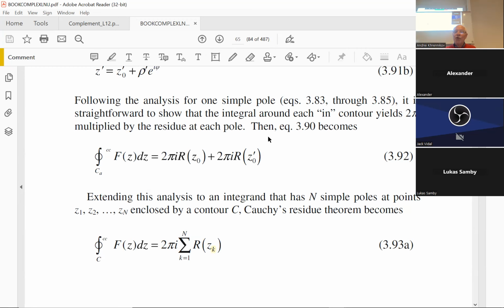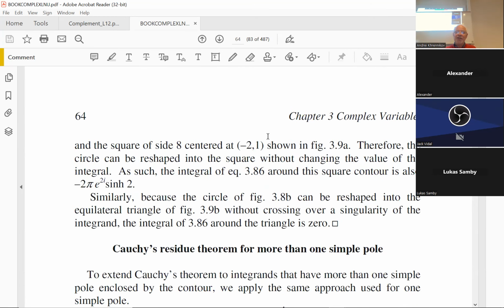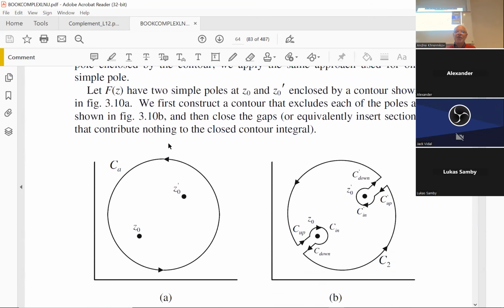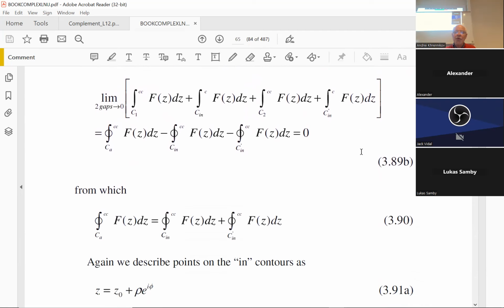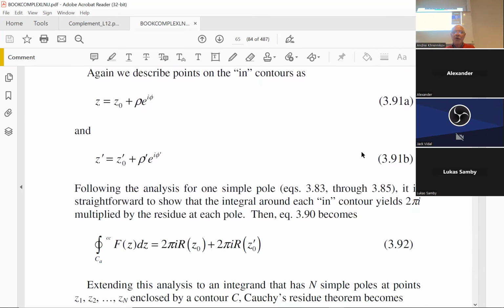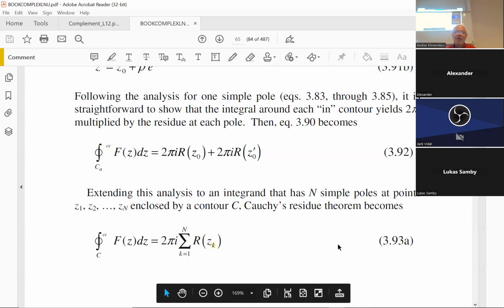Then you write the proof, and you go up to the beginning of these considerations, and this is the proof of this formula. After this, you write a corollary that this formula can be immediately generalized for n poles.